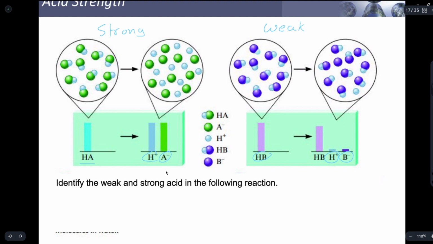However, we can also infer from this figure that A minus is a weak base, while B minus is a strong base. That is because stronger acids will always yield weaker bases.